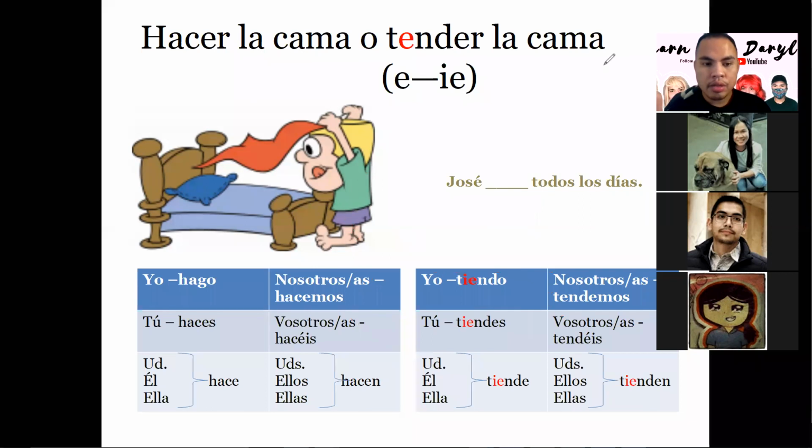Okay? So, hacer is a verb that means to do. So, is it a regular or an irregular verb? Comment down below, and tell me why it's irregular. Okay, why is it irregular?